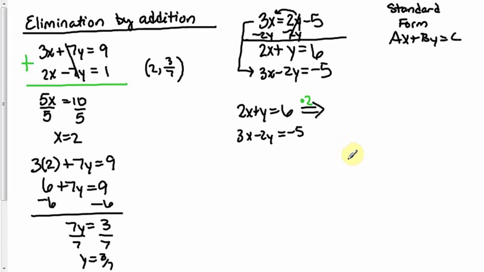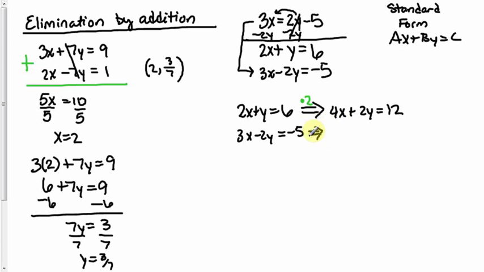Sometimes you'll have to multiply both equations to get one of the variables to have the same coefficient. When you do that, you're going to get 4x plus 2y equals 12. And you can't forget that you're multiplying it by everything in that top equation. You're going to bring your other equation over.